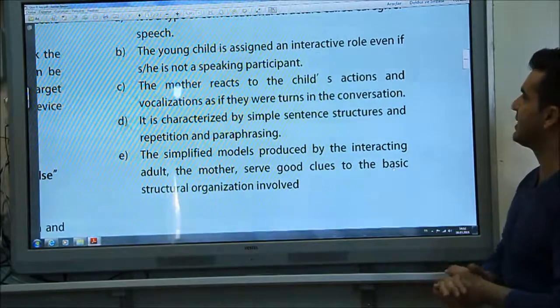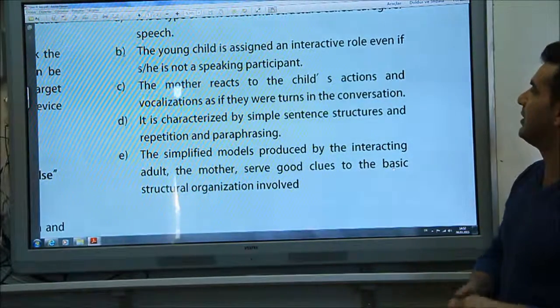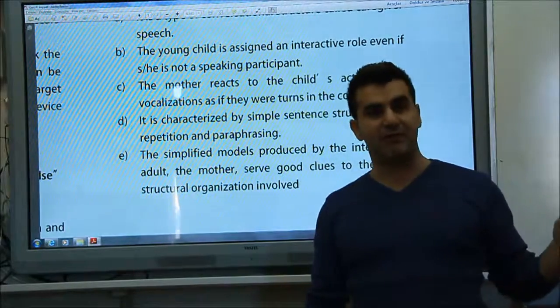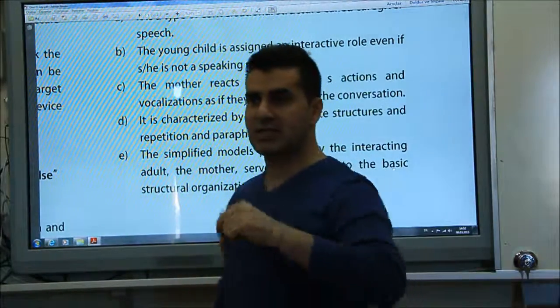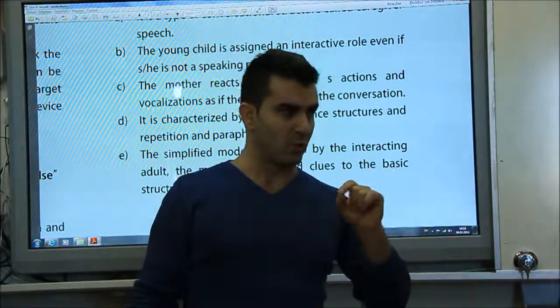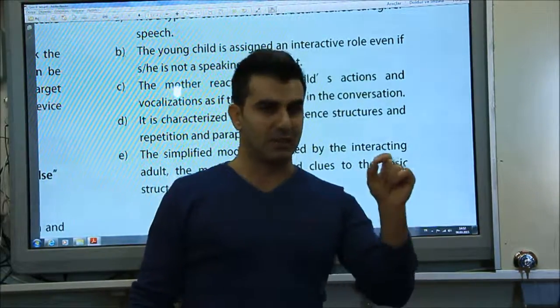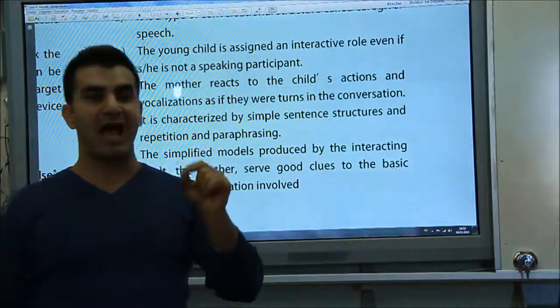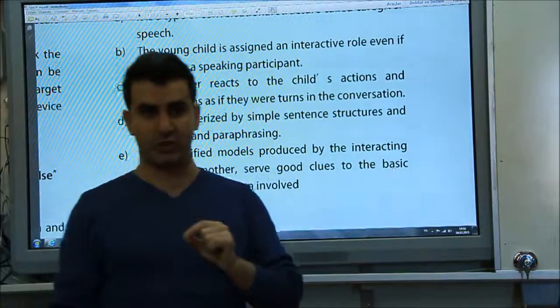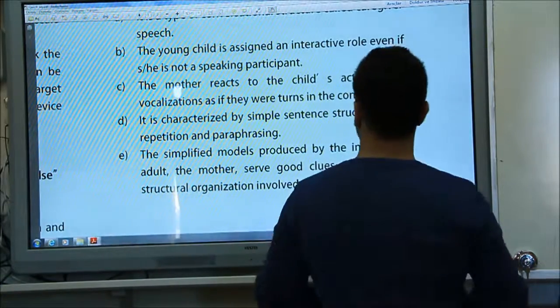The young child is assigned an interactive role, even if she is not a speaking participant. Even if the child doesn't participate in the conversation by speaking, she is still regarded as a speaker, as an interlocutor. Is that true? Yes.